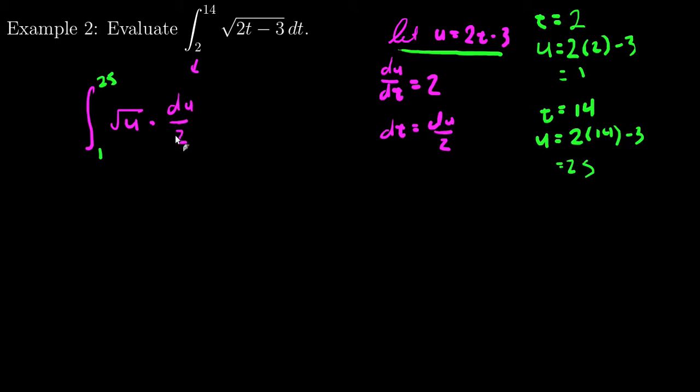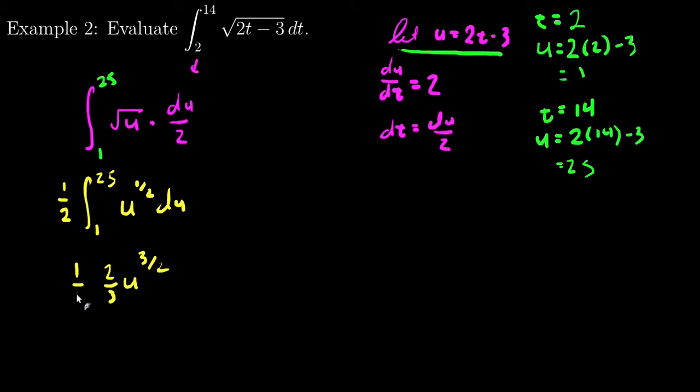So I'll bring the 2 out as a 1/2. It's a constant. I have the integral from 1 to 25. I'm going to treat this square root of u as u to the 1/2 power. And now the antiderivative of u to the 1/2 power is going to be 2/3 u to the 3/2.